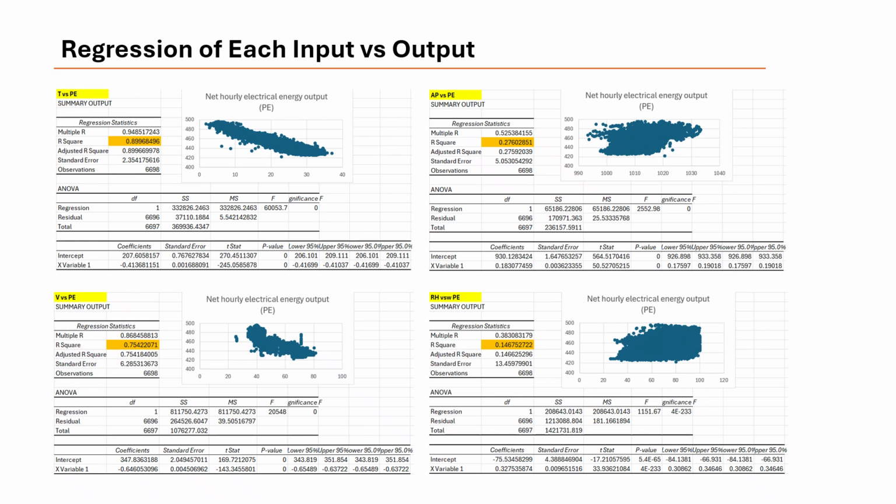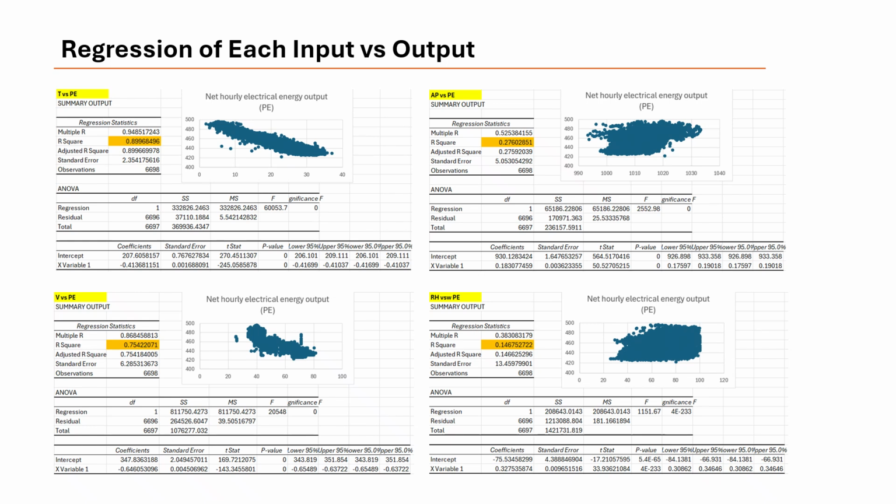The R square value for ambient temperature AT and the exhaust vacuum V is much better than for AP and RH. So while thinking of a model, initially we thought that a combination of AT and V should be a good model to determine the PE.